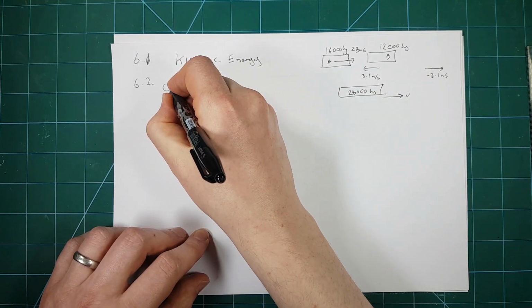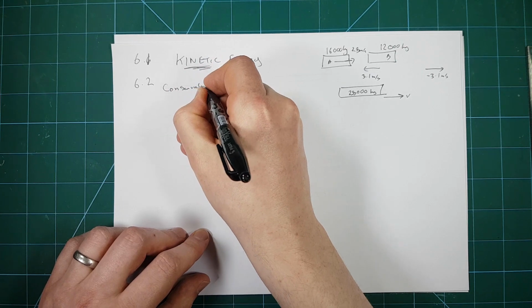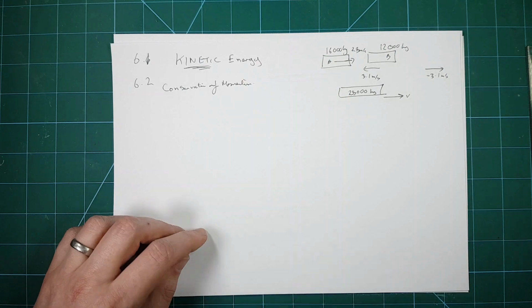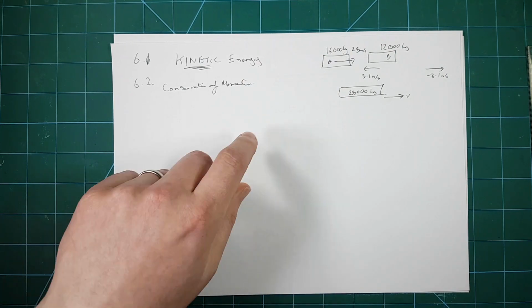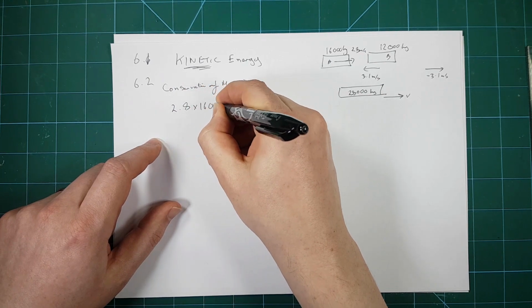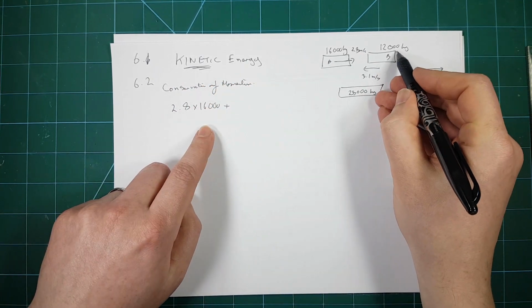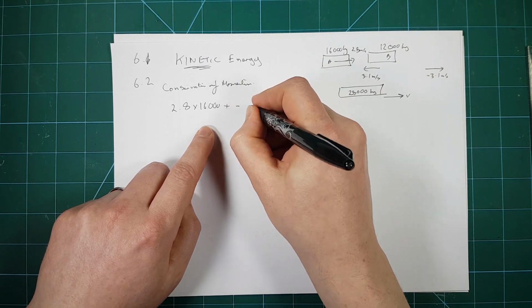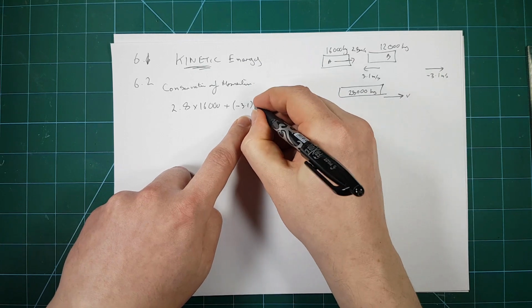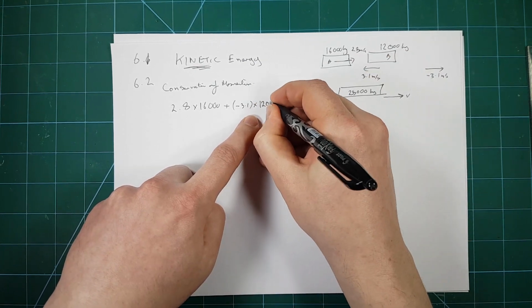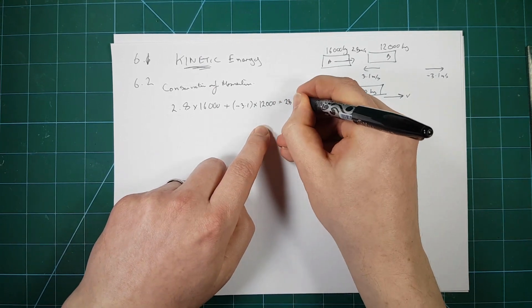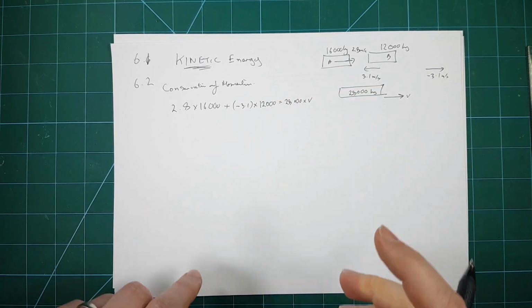So we're going to use conservation of momentum. Again, write down the rule that you're using. And we've got 2.8 times by 16,000 plus, and this one has minus 3.1, that's taking into account its direction, remember, times by 12,000, that must equal 28,000 times by v.